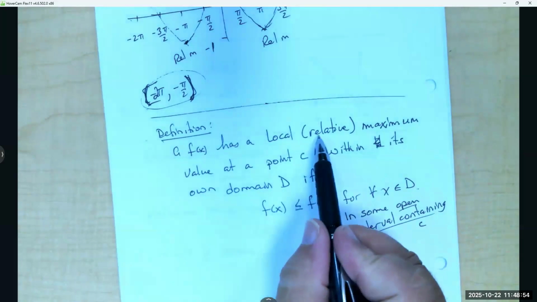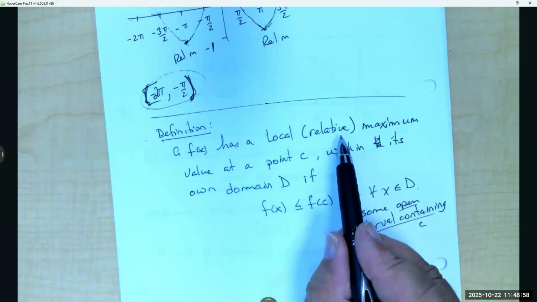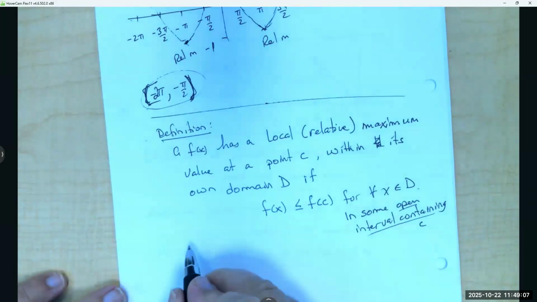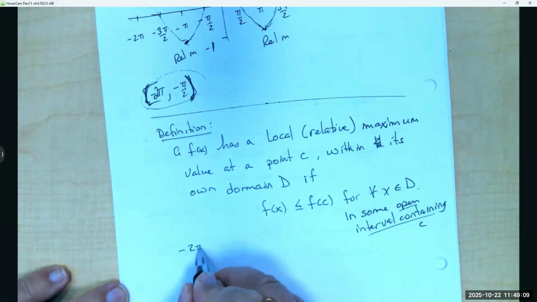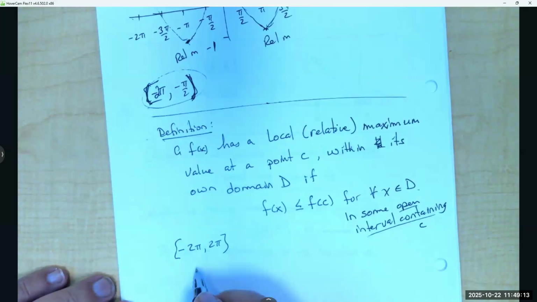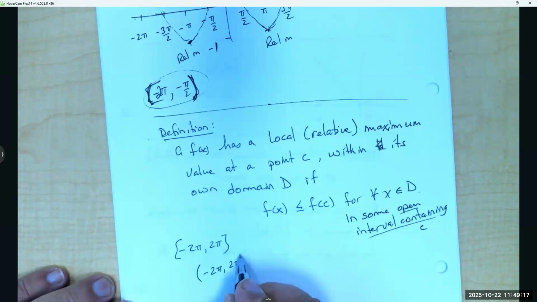Because if it's relative, if it's a local extrema, if it's local, that means it just can't be looked at over the entire domain. So if the domain is from negative 2 pi to 2 pi, then isn't this a subdomain?